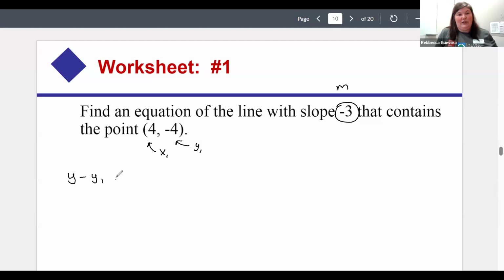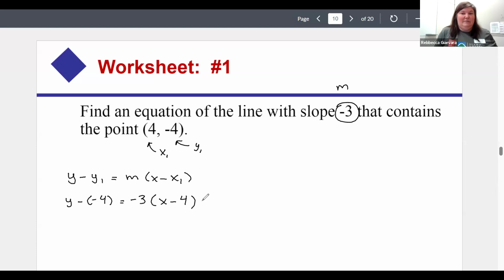So y minus y1 equals m times (x minus x1). So we said the y1 was -4, so we're going to have y minus -4. Then we said slope was -3, and then we're going to have x minus x1, and x1 was just positive 4, so it's just x minus 4.